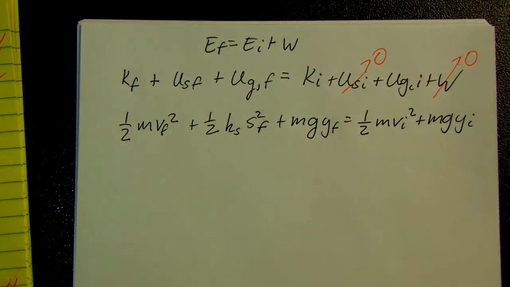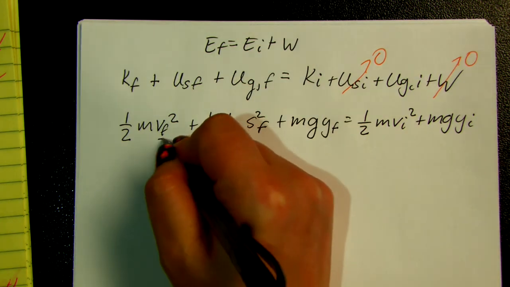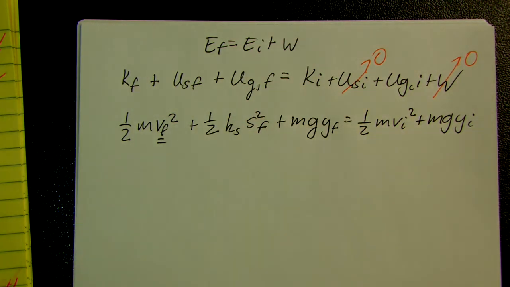All right, so the term we want is that final velocity that's hanging out right there. So we want to algebraically manipulate, get everything over to the other side that is not the final velocity.